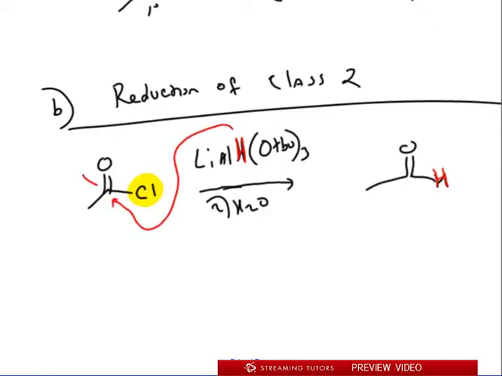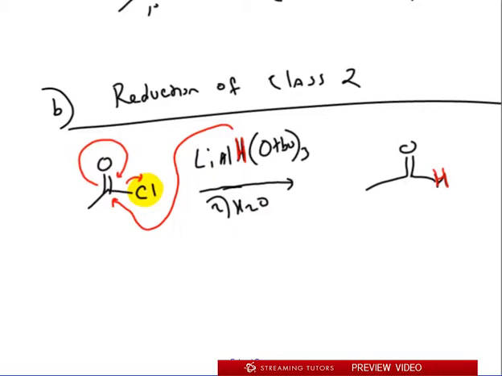This is going to open up the double bond O, and then it's going to close back down, and this is going to get thrown out. We're not going to go into the mechanism until the next chapter. So for now, all I want to say is that an acyl halide can become an aldehyde by simply using lithium tri-tert-butoxy aluminum hydride.